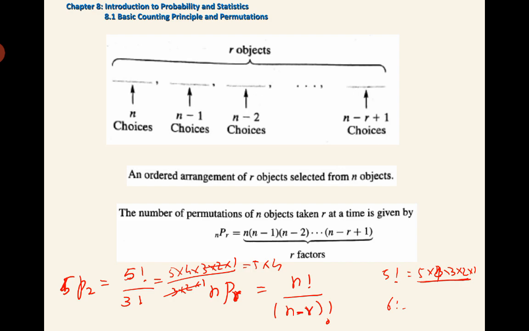If there are 5 objects but 2 places to be filled, A and B, there are 1, 2, 3, 4, 5 numbers. You have to arrange these numbers in the order A, B here, right? So how many possible ways? Roughly try this one. The answer by using this one is 5P2, which is 5 into 4 is 20. What is happening? Out of these 5 numbers, any one can be assigned.